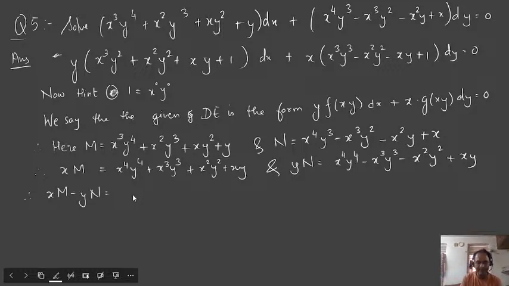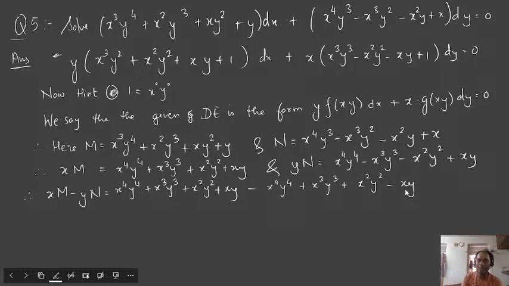When you do the subtractions, you will see this: x raised to 4 y raised to 4 plus x cube y cube plus x square y square plus xy minus x raised to 4 y raised to 4 minus, here it becomes x cube y cube plus x square y square minus xy.